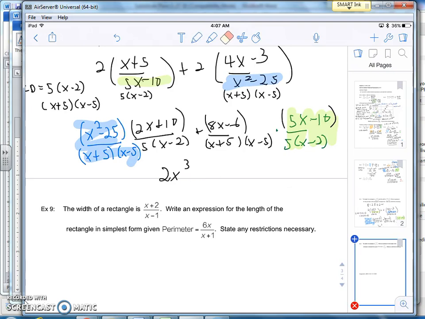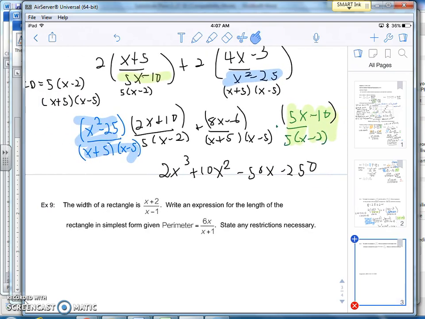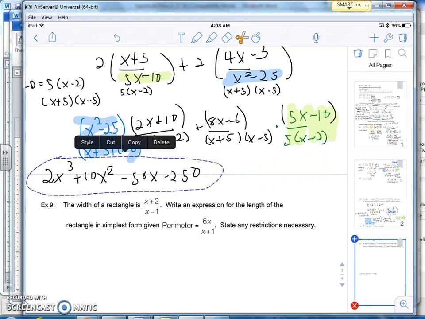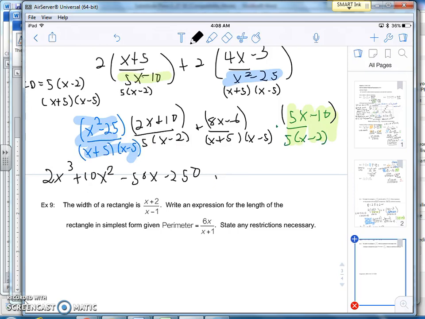X squared times 2x is 2x to the third, plus 10x squared, minus 50x, minus 250. And that is way in the wrong place, huh? Way over here. Plus, that's going to give us 40x squared, minus 80x, minus 30x, plus 60.